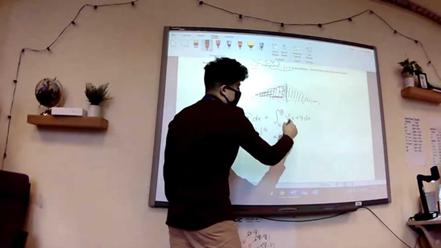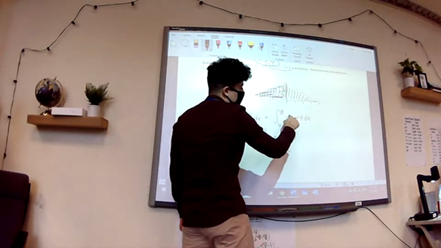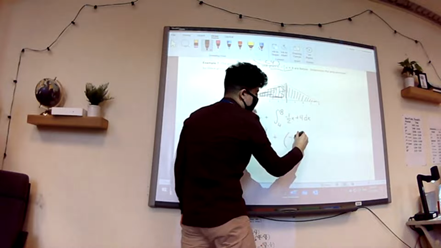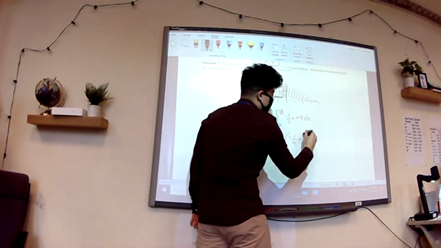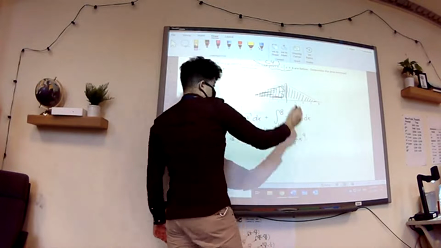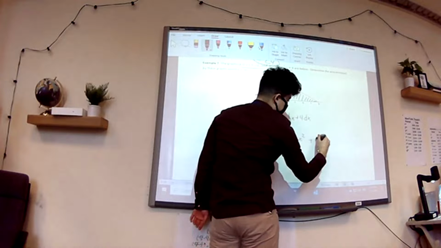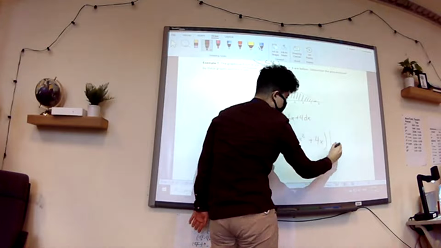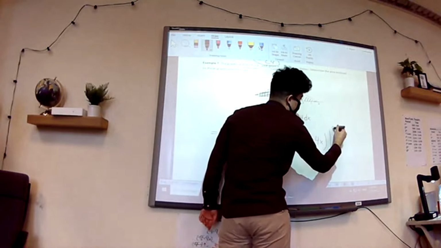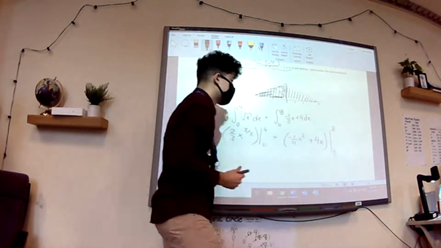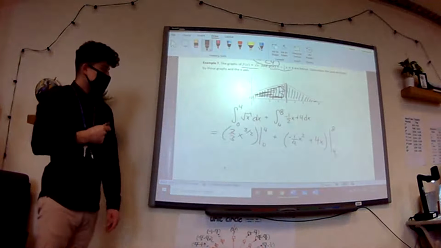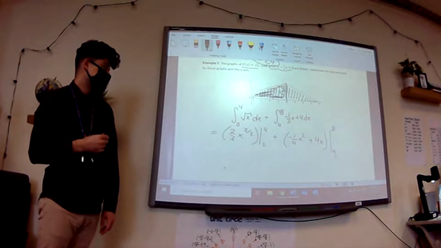Then plus, this one would be x squared over 2, but then times another 1/2 would be -1/4 x to the 2nd, sorry. Plus, and then this one would have an antiderivative of 4x. And I'm plugging in 8 and 4.